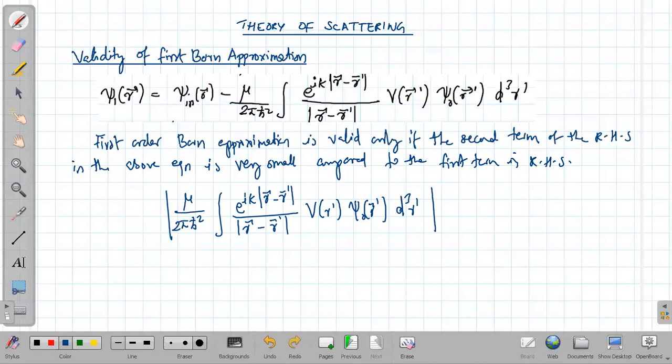The magnitude square of this will be very small compared to the first term, psi in of r, square.